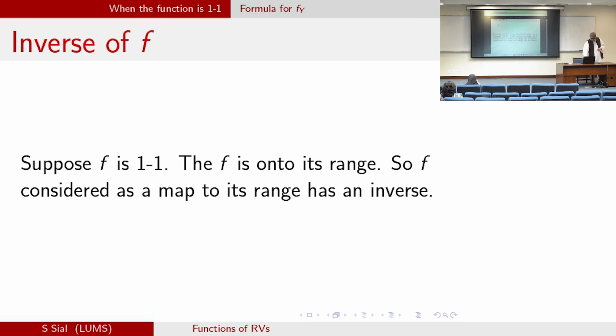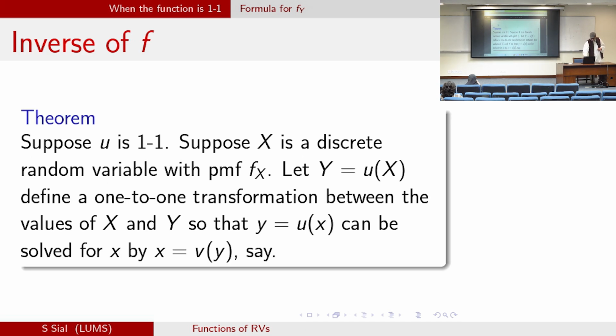So let's say I have a map u which is one-to-one. X is a discrete random variable. Then it has its own f sub x, its PMF. We define a new random variable as a function of x, y equals u of x.